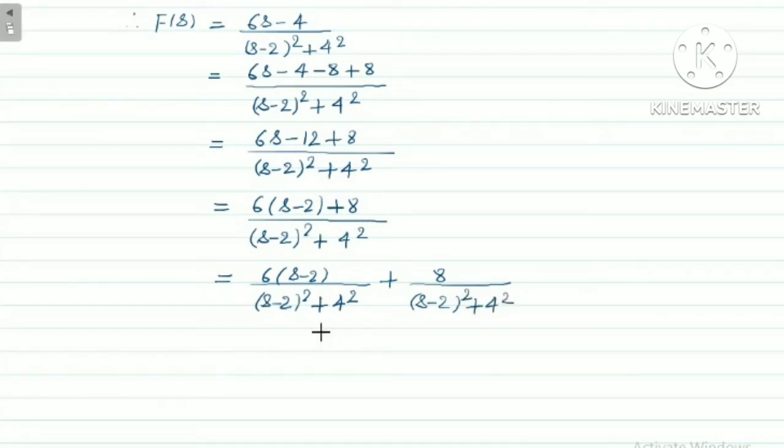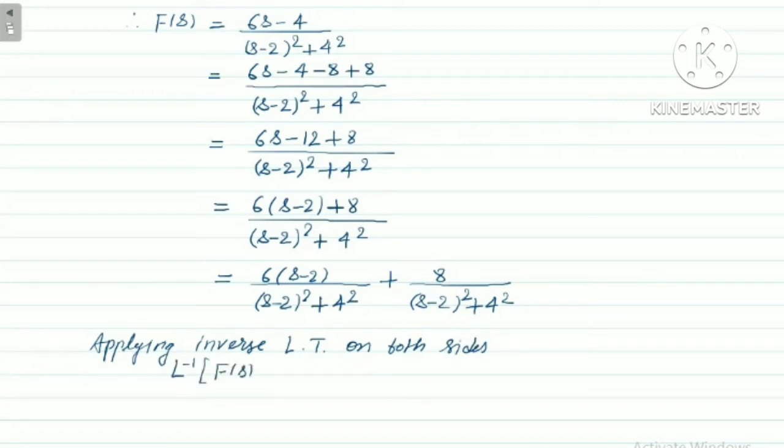Now apply the inverse Laplace transform on both sides. So L inverse of f of s is equal to L inverse of 6 times s minus 2 divided by s minus 2 whole square plus 4 square.